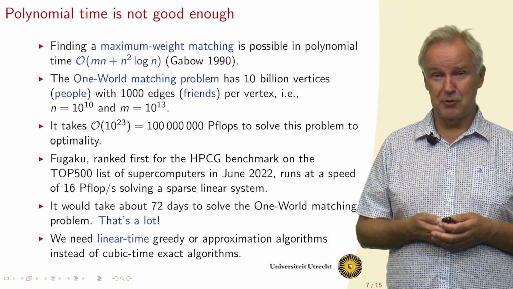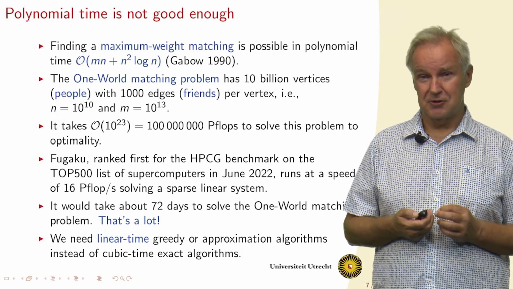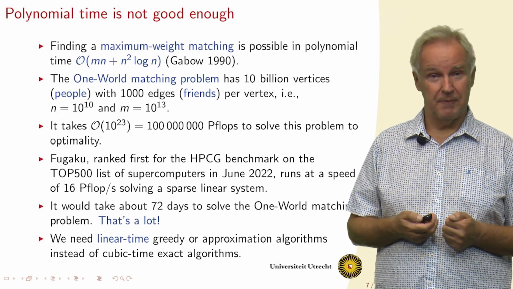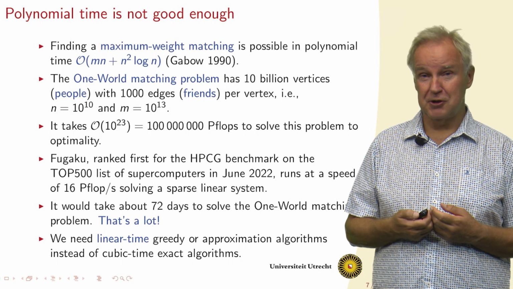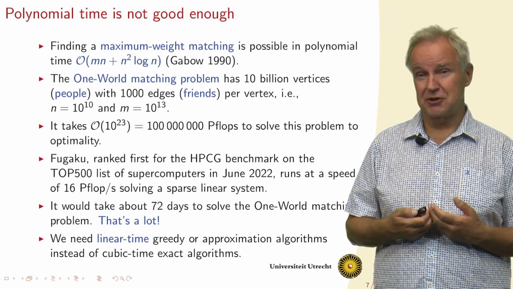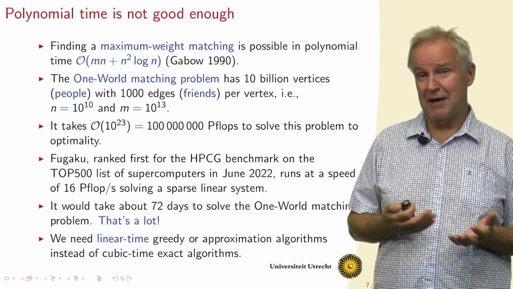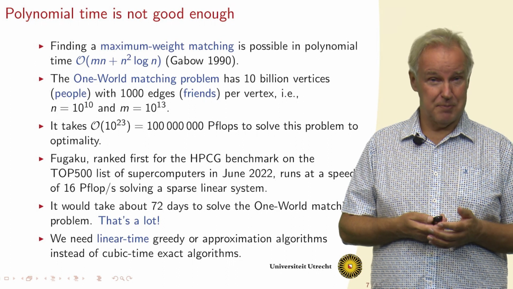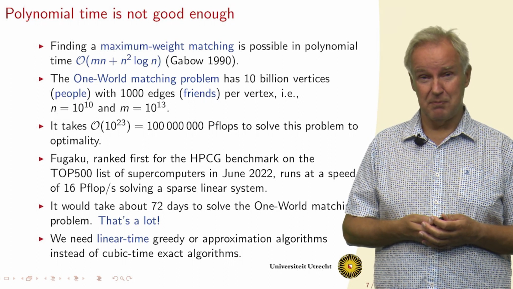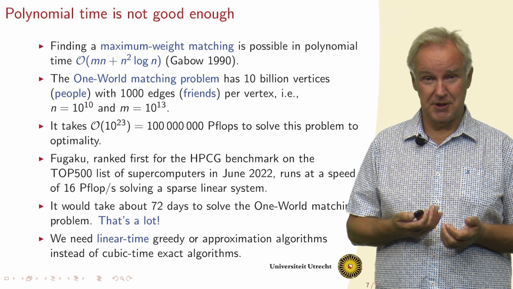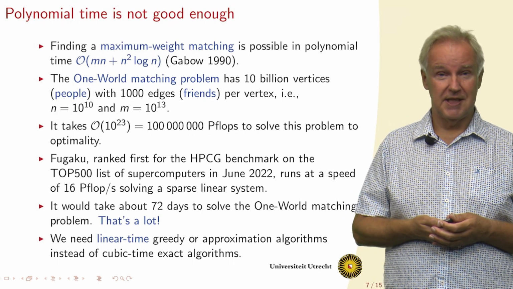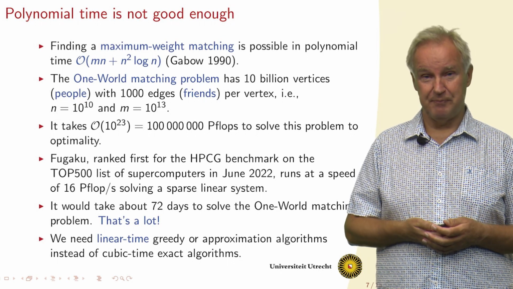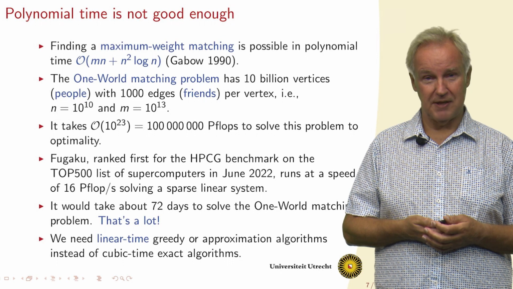If we take Fugaku, which is the fastest supercomputer in June 2022 for a high-performance conjugate gradient algorithm, which is a sparse matrix computation, and graph and sparse matrix computations run at this speed, then the speed of that computer is 16 petaflop per second. And then you can do a simple back-of-the-envelope computation, and you see that you need 72 days to solve this big problem. The one-world matching problem, I call it.